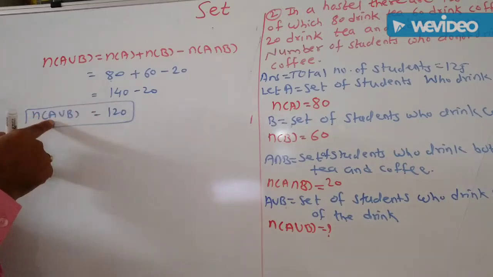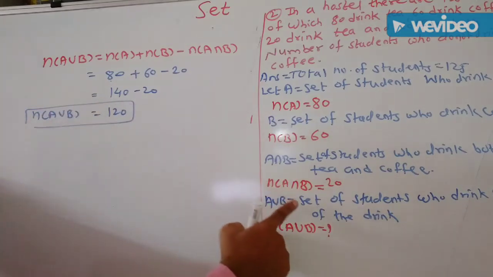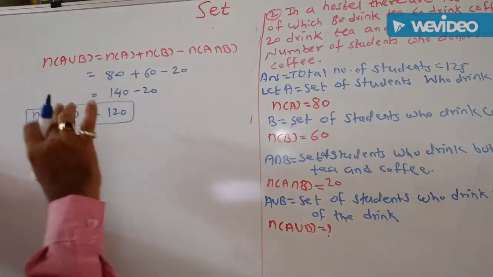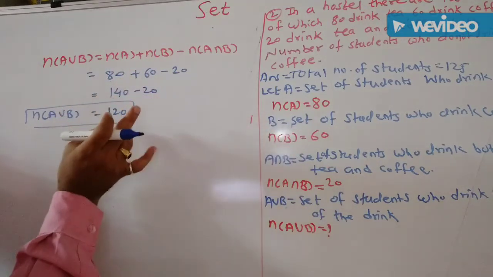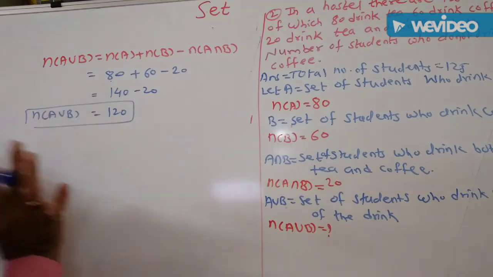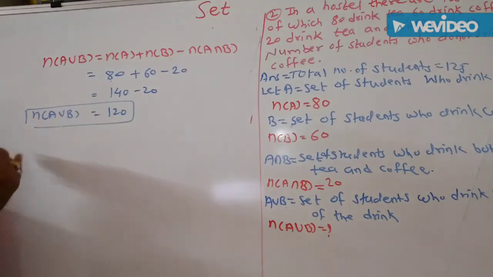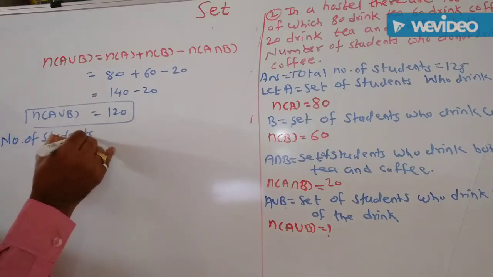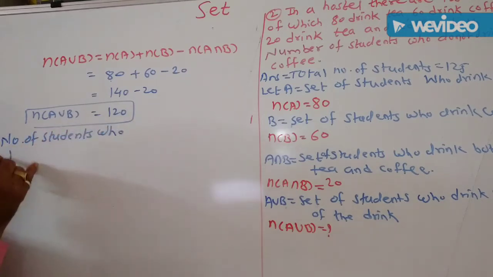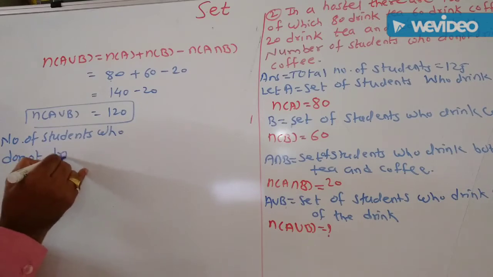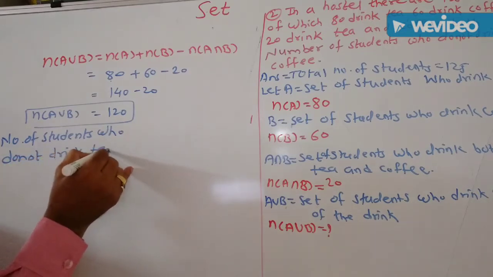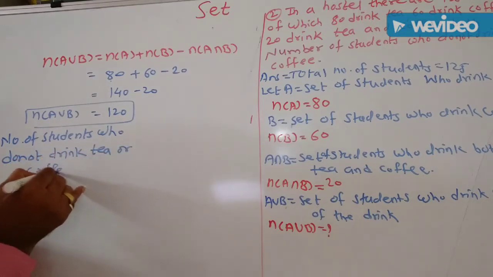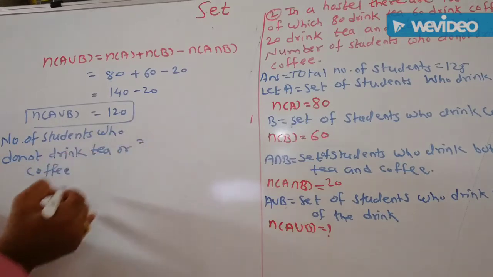What is this number of A union B? Number of A union B means the set of students who drink either tea or coffee. That means they drink any one of the drinks, and we have to find the number of students who do not drink tea or coffee. And how do we find it?